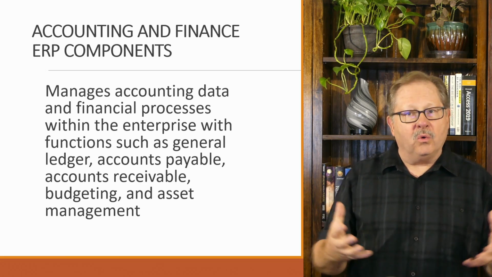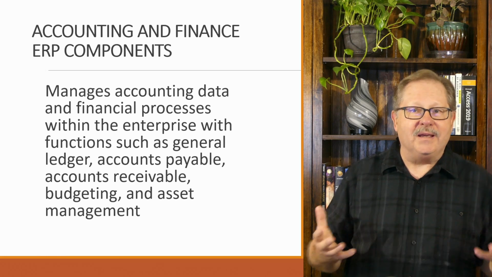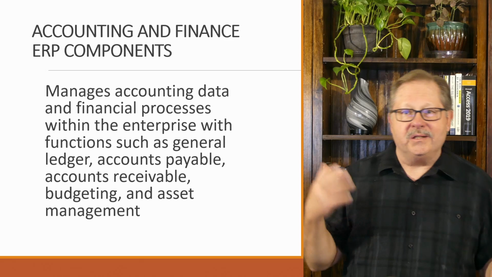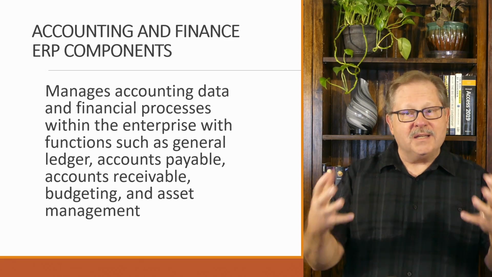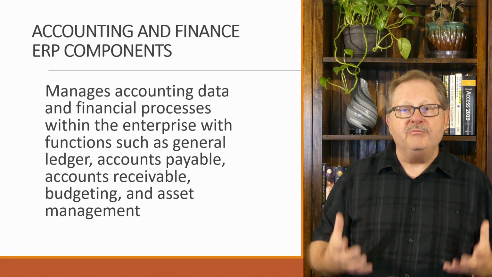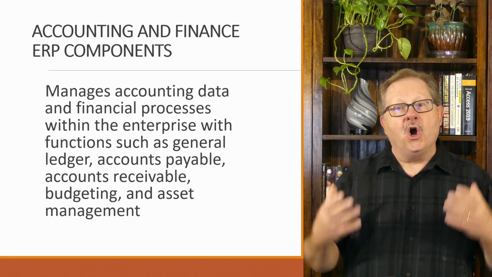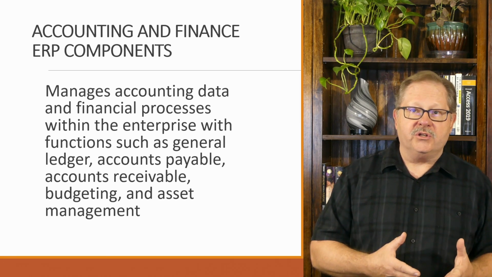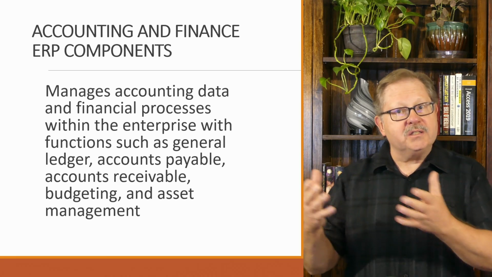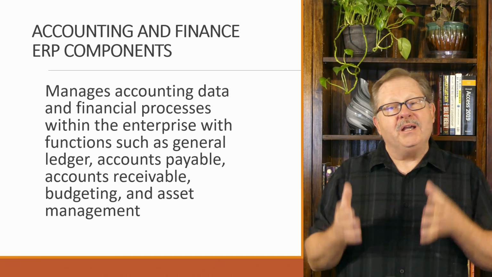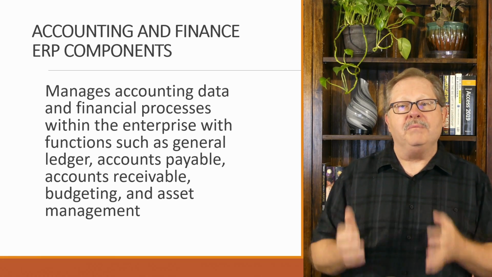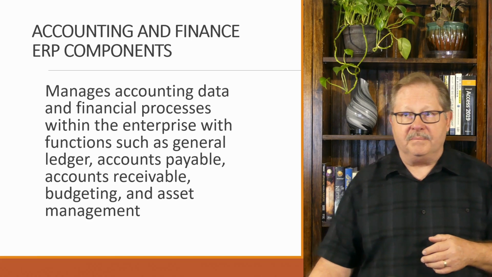And part of that whole core, instead of just being a bean counting sort of accounting system that we had in the past where you put in the debits and the credits and the bank accounts, all of a sudden this accounting system understands all of the other pieces and parts and movements within the corporation that cause financial transactions. So while you might not have budgeting that actually causes a financial transaction, budgeting becomes an important part that affects financial transactions and becomes a part of the ERP system.